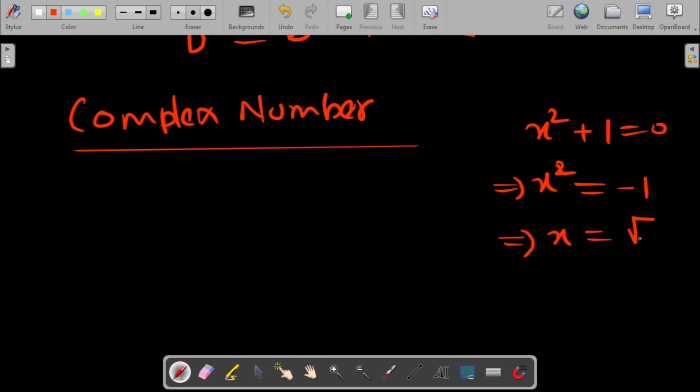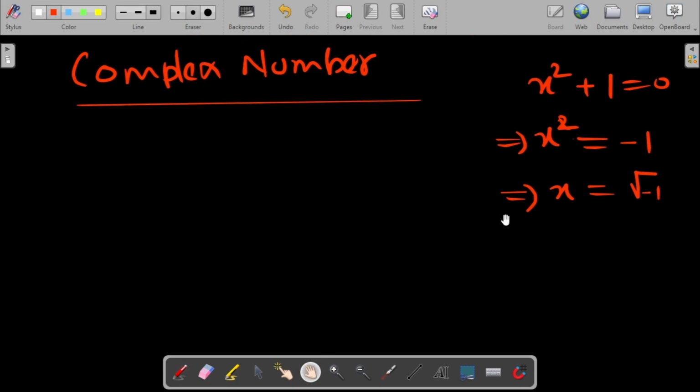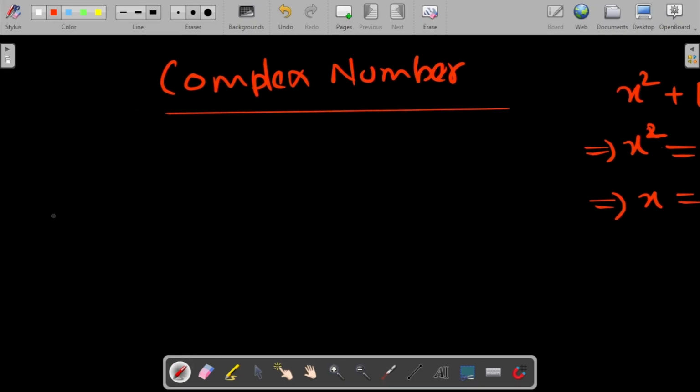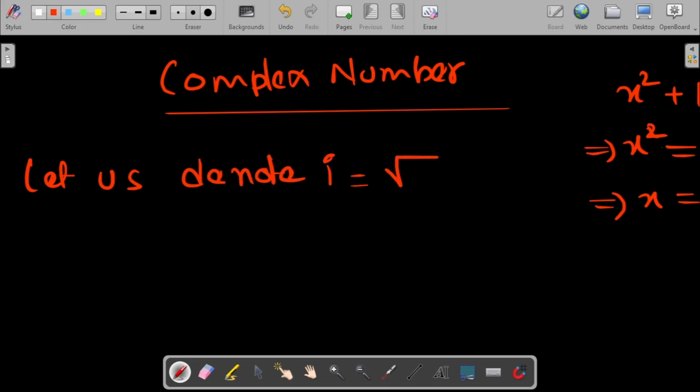Square root of minus 1. Now we want to find x which gives square root of minus 1. Now let us denote i equal to square root of minus 1.